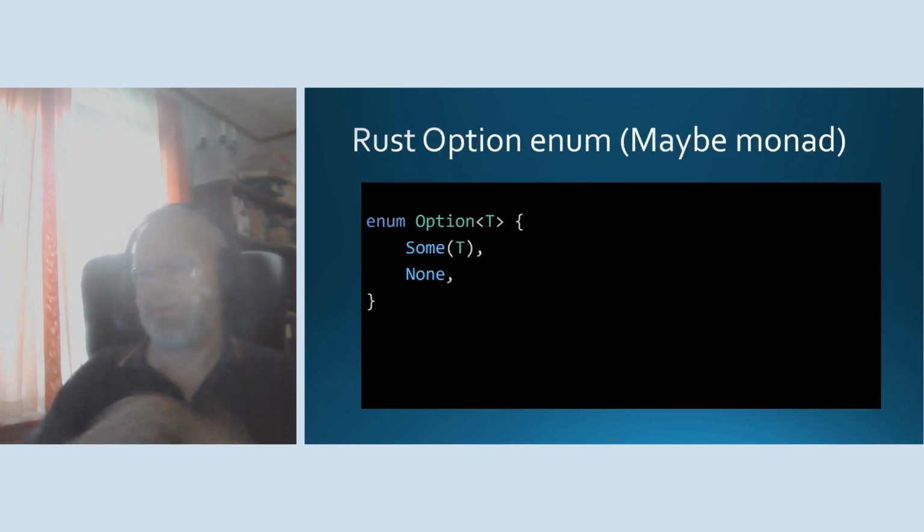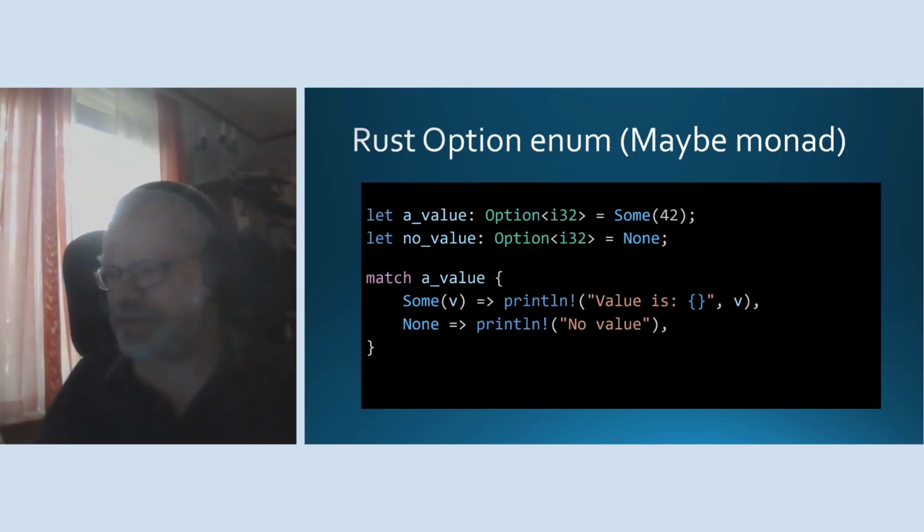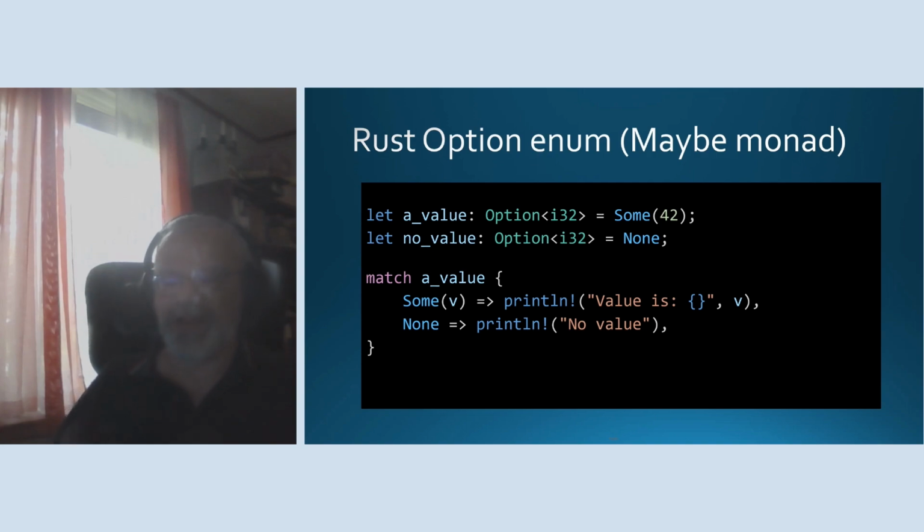So what is the option enum? Well, it's an enum that has two values, Some and None. So we can use it like this. We declare a value of type Option<i32> and set it to Some(42). So this value has the value Some(42), and no value has the value None.